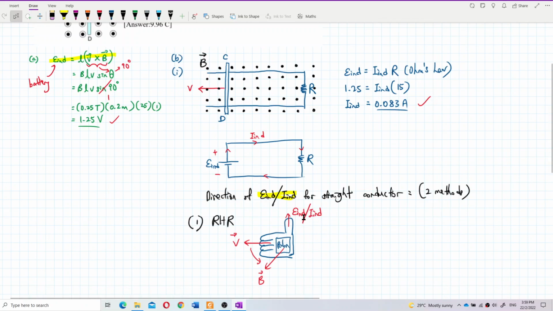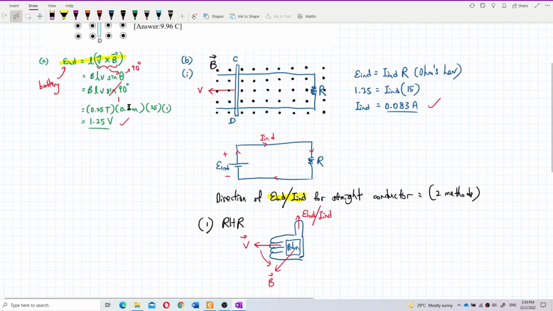Why can we say this is also the direction of induced current? Let me write out the formula again. It is LV cross B, isn't it?